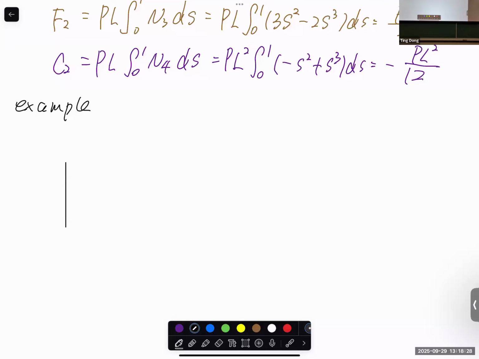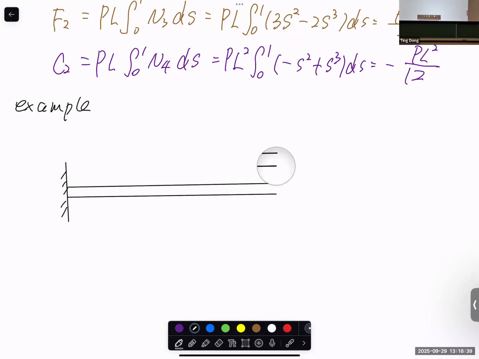We assume that we have a beam system that is clamped on both ends. We have a uniform distributed force on the left side up to the middle point.